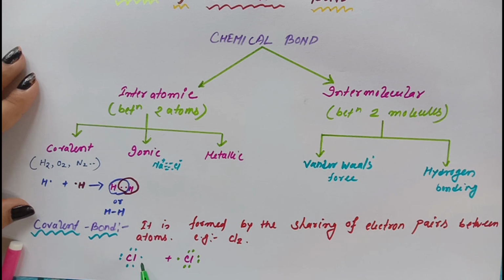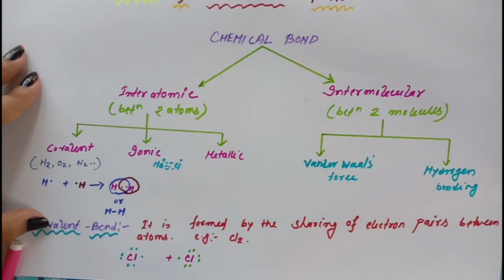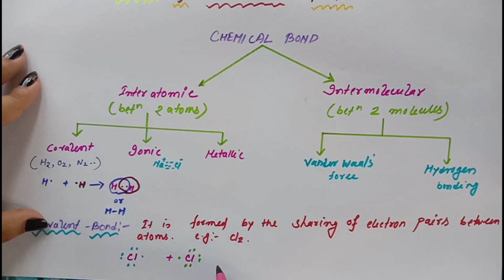One chlorine has 7 electrons and another chlorine has 7 other valence electrons. To form the chlorine molecule, both atoms should share one electron each. Then their octet will be fulfilled and they will get the nearest noble gas electronic configuration and form the covalent bond.